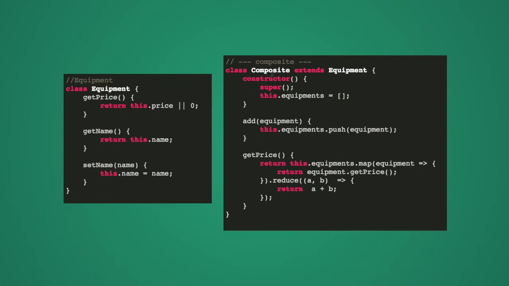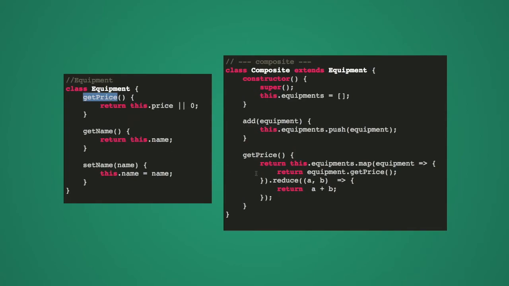So we have something called a composite that extends from this equipment, and it holds an array of equipments, much like the DOM tree or like a branch. It can have multiple branches, right? It holds an array of equipments basically. You can add new equipments to it, and of course you can still get the price because that's an equipment, right? It has to have this get price method.